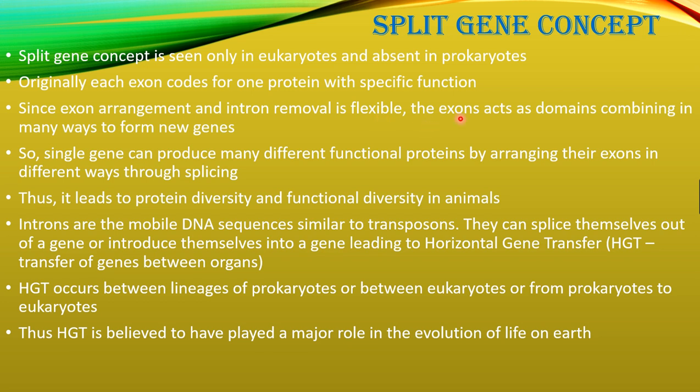The exons arrange one by one, act as domains, and combine together in many ways to form new genes and new proteins, because each exon can code for one protein.